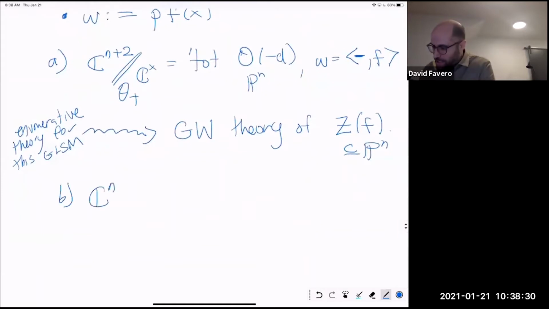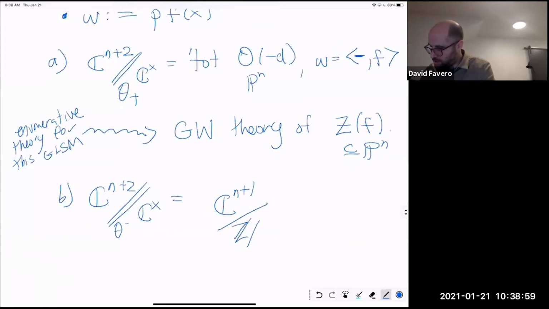And if I look at the minus, oh, so I should say, please turn on your audio and interrupt me at any point. This is pretty informal, okay? So if I look at the minus GIT quotient, this just becomes C to the n plus 1 mod z mod cyclic group of order d. You know, this isn't uniform notation, but I always like to write it this way.